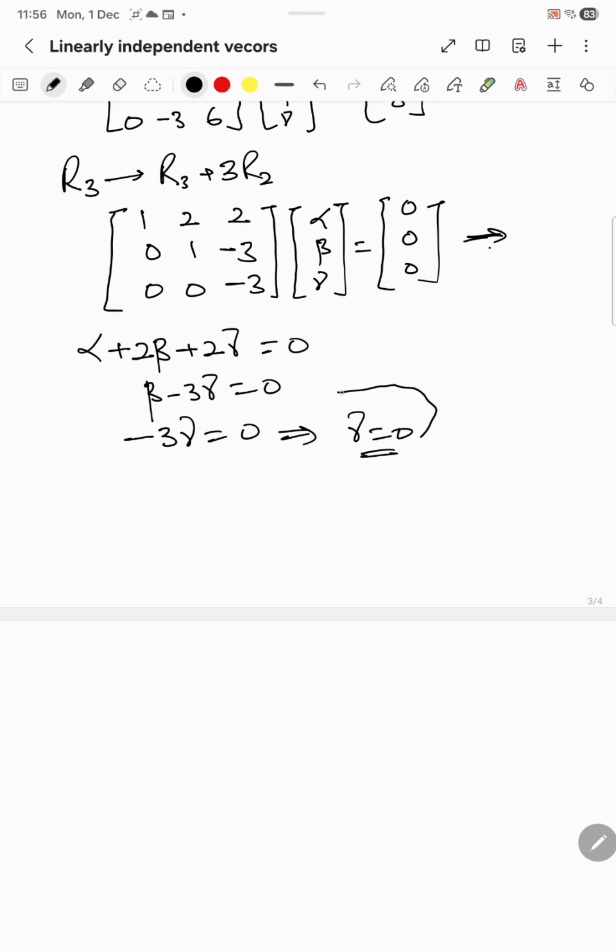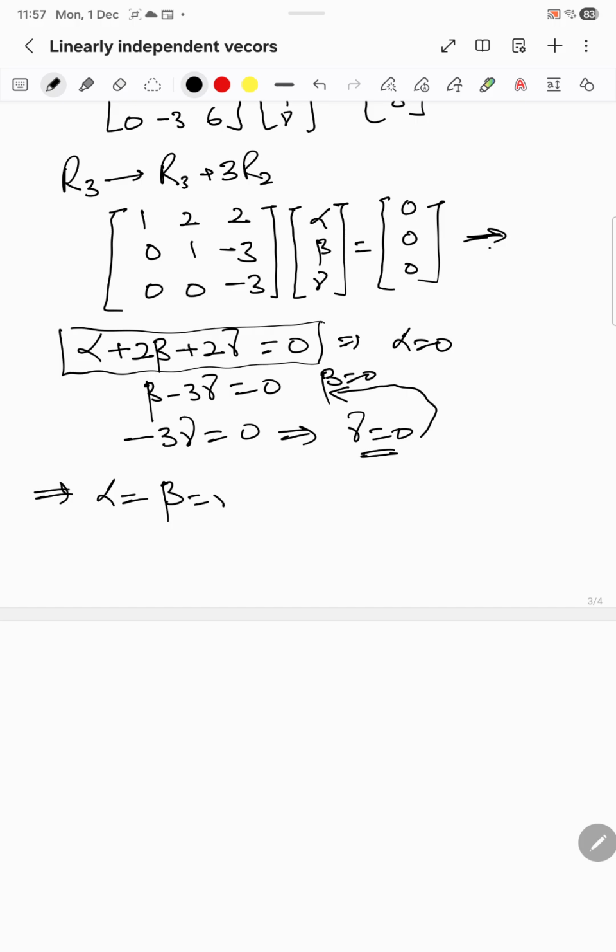Once you put gamma equal to 0 in the second equation, you will obtain beta is equal to 0, and when you put gamma and beta equal to 0 in the first equation, we obtain that alpha is equal to 0. So this implies alpha equals beta equals gamma equals 0.